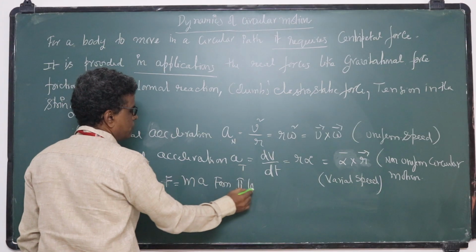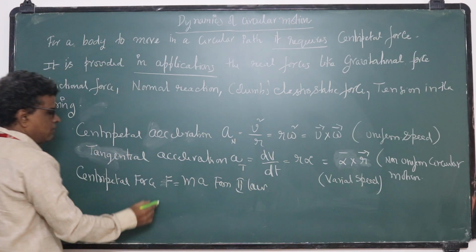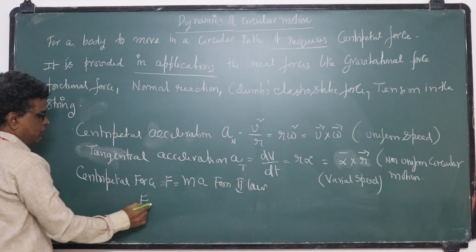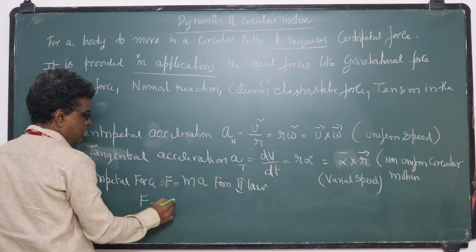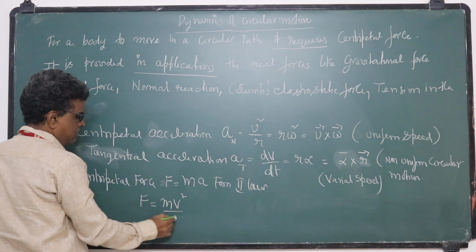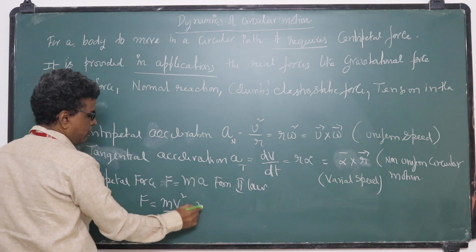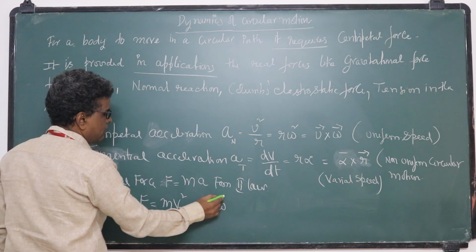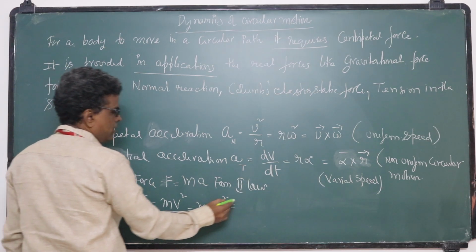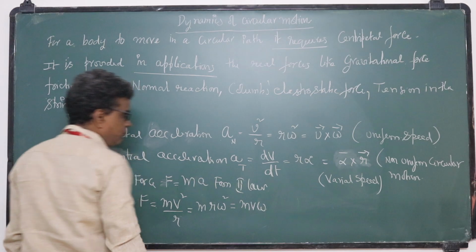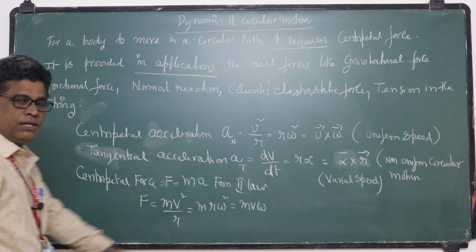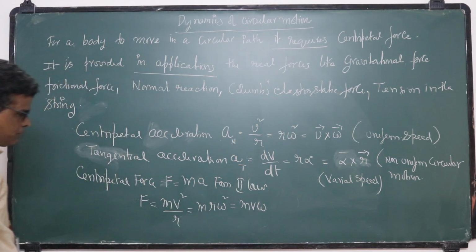So centripetal force is given by m times a, that is v square by r. So mv square by r, that is equal to mr omega square, or we have mv omega, since v and omega are perpendicular to each other.